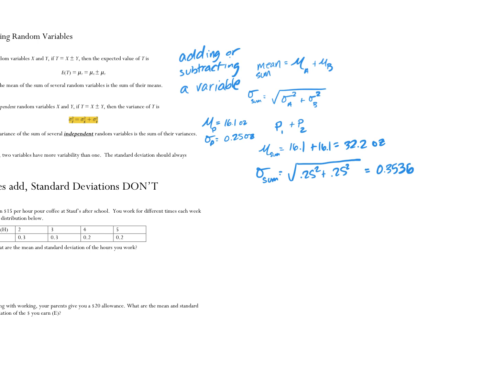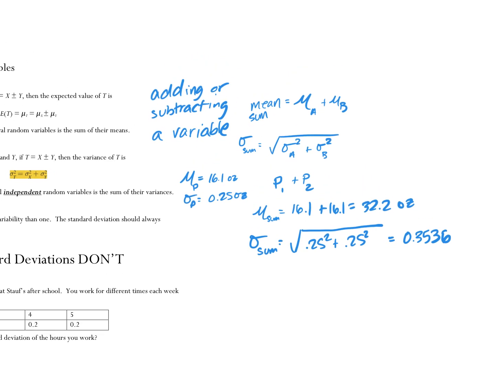So what I want to point out in these very fancy formulas is that when I'm adding together or subtracting the means, I either add or subtract based on what I'm doing with the means. The standard deviation is always adding, so even if I subtract 2 values, I have more uncertainty because I have 2 different distributions I'm pulling from.